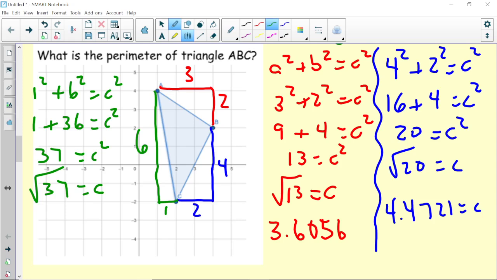Again, rounding to 4 decimal places to be safe. 6.082, I'm going to round that 7 up to an 8. But again, we are not done because we want perimeter. So we need to add up our 3 side lengths here.